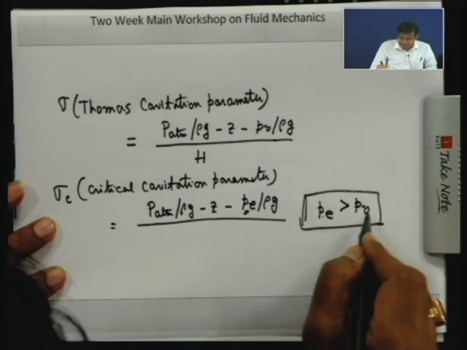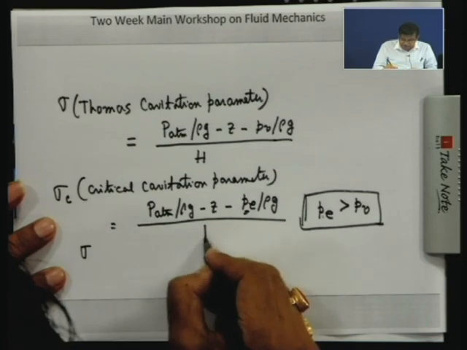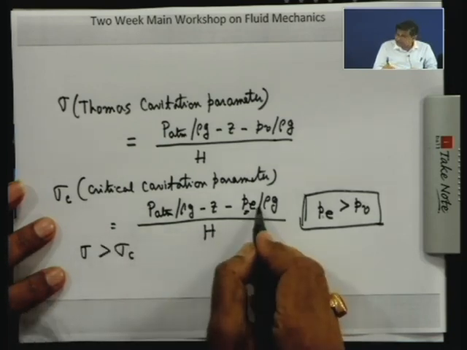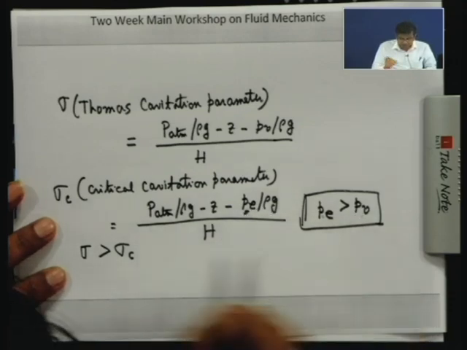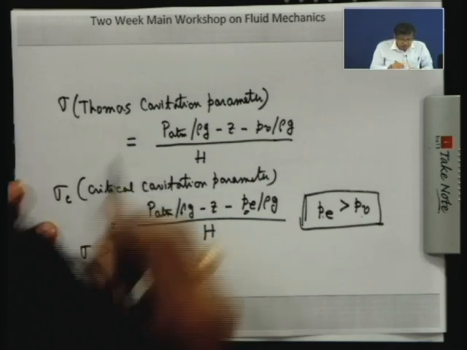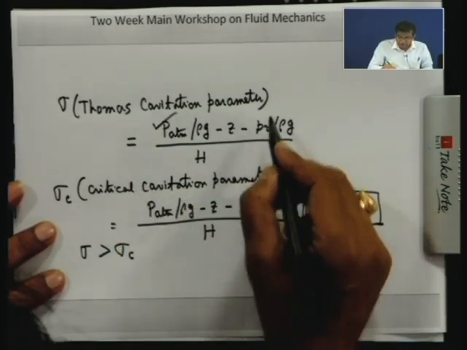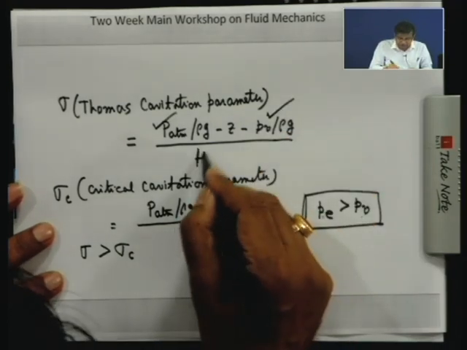So if PE is greater than PV, then what happens? Sigma has to be greater than sigma c, because the pressure should not fall below PV to avoid cavitation. Thomas cavitation parameter is known, because P atmospheric is known, vapor pressure of the water is known at the working temperature, and we know the head available.